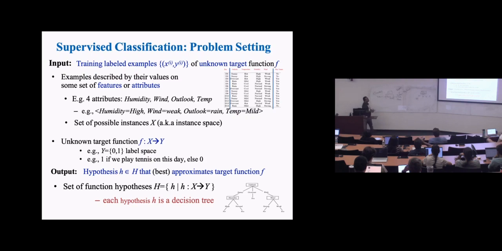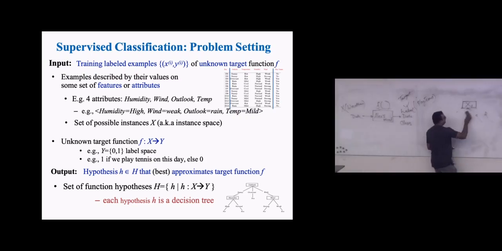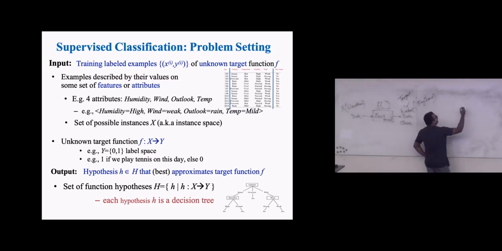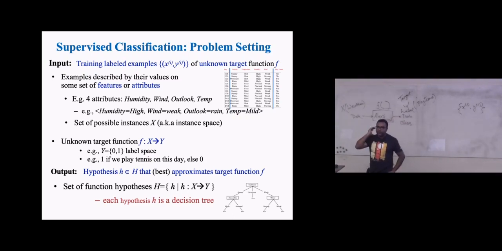Okay? So let's formalize with some notation now. Our labeled training examples are pairs of xi and yi. We have many such x and y combinations, because we are making a call to Alex every day.